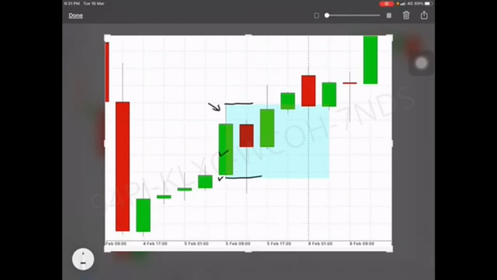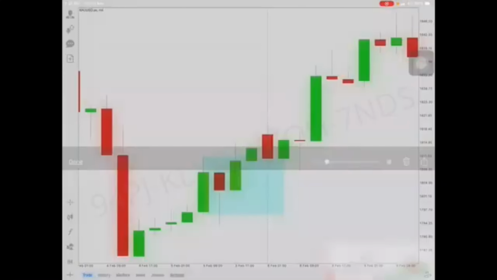So that's why this is called high risk. High risk means that the zone is most likely to be broken. It's not a strong zone. Do you have any questions on this one? Okay, I'm going to show you some more high risk ones.